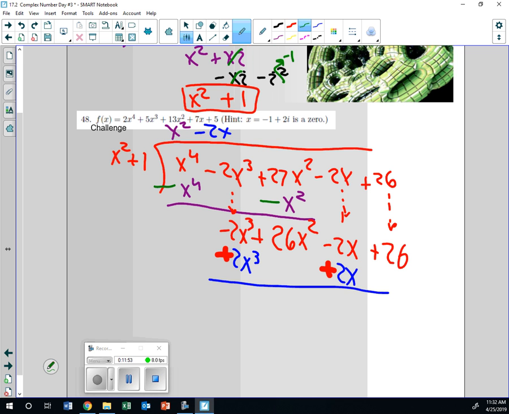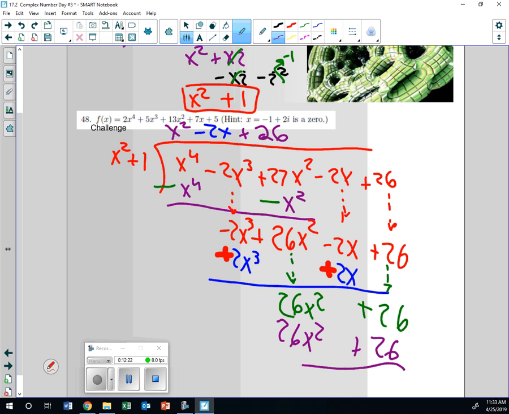When I drop down the 26x squared and the 26, these are just 0 and 0. Well, x squared times what is 26x squared? 26. Yeah, that's right. 26. And so this will be 26x squared plus 26. Don't forget that minus sign again. And that will give you 0.